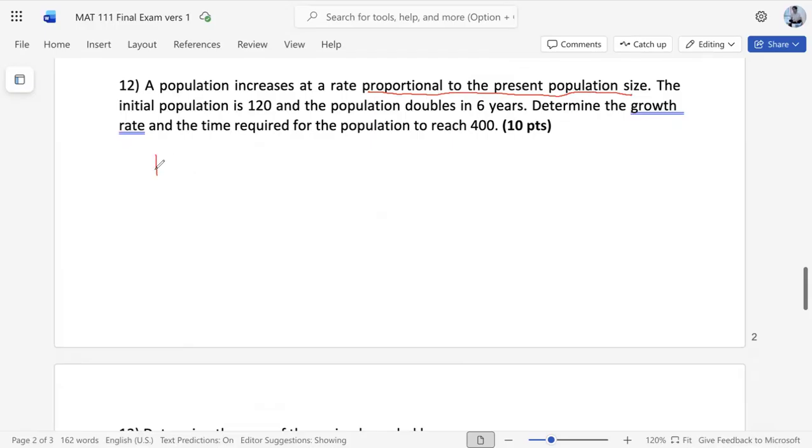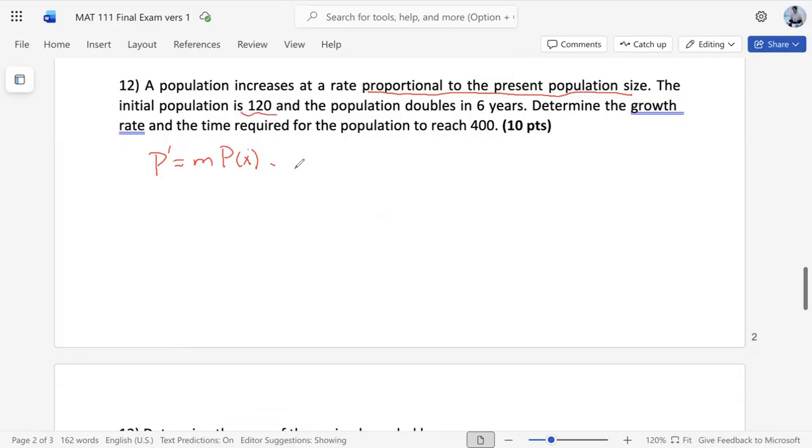Remember the exponential model: let's say the population is P. P prime is always a scalar multiple of the original function P. So if it's an exponential model, the derivative always contains a scalar times the original function.